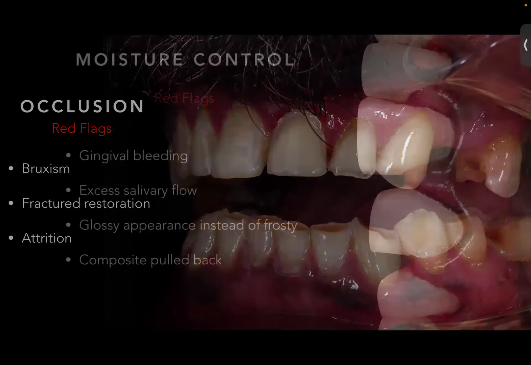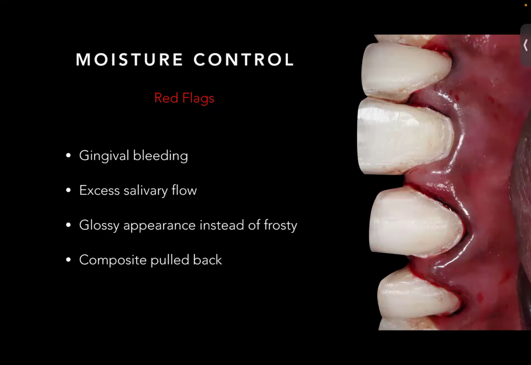Okay. The second point is moisture control, which includes gingival bleeding, excess salivary flow, and glossy appearance instead of frosty. I'm going to explain this point, and the last point as well, in some time. So in this picture on the right, do you see the marginal gingiva is so inflamed that as soon as I started with cord packing, bleeding started.